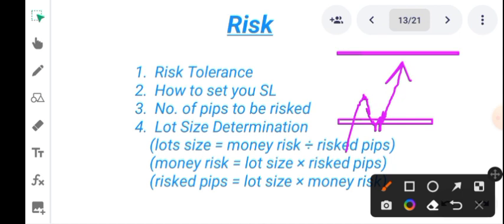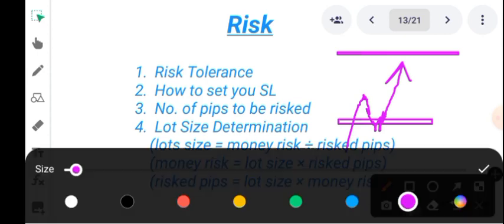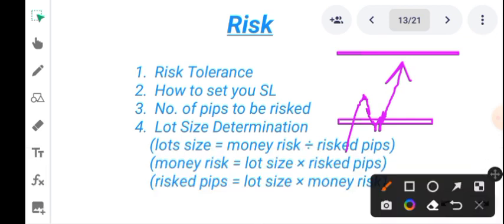Now, when you are setting your SL in this scenario, what you are going to do is this. Assuming this is your entry point, let me change the color. Assuming this is your entry point here, your SL, no matter the amount you want to risk, is expected to be below this low. Below this low, that's where your SL is expected to be.